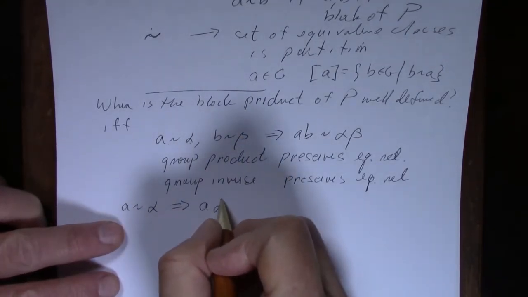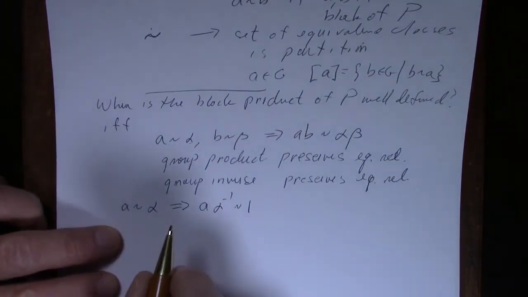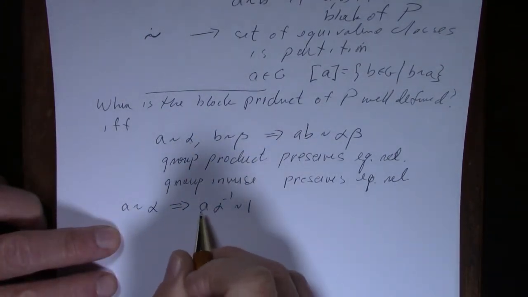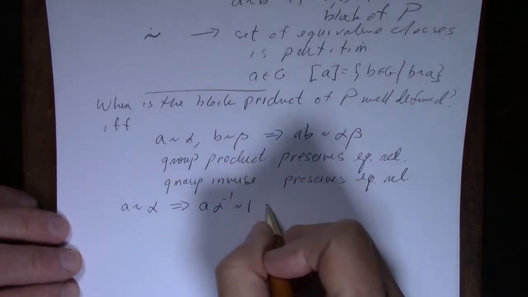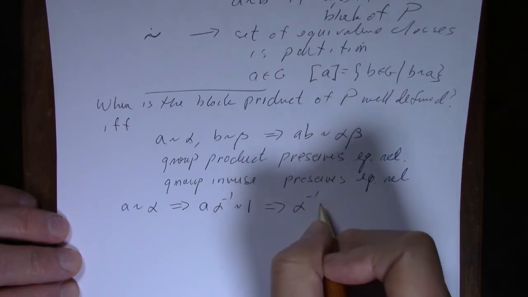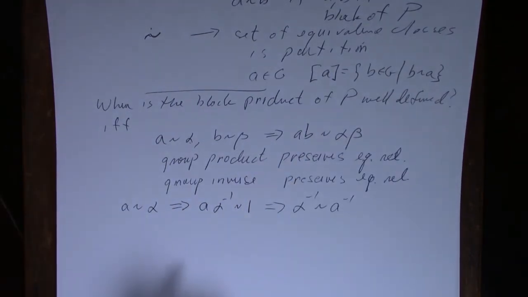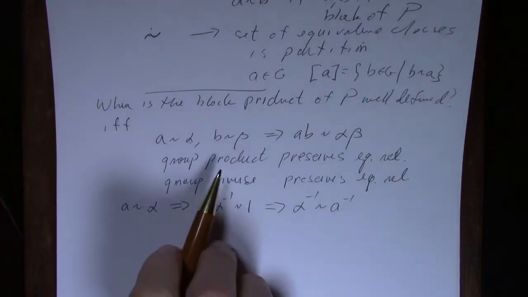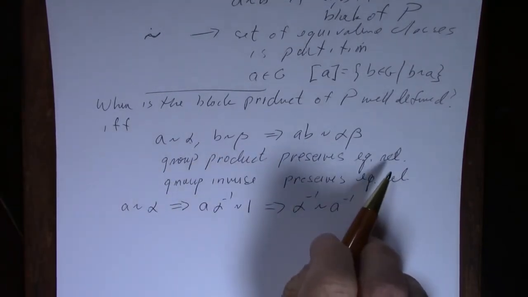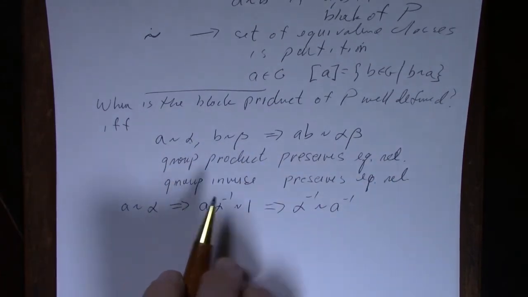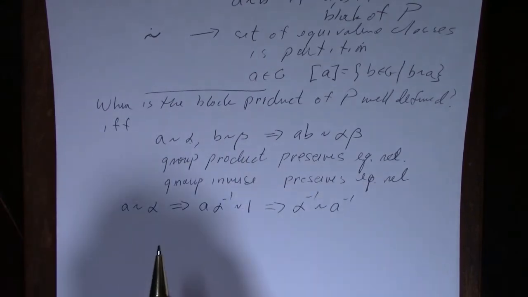So I get A alpha inverse is equivalent to 1, and then I pre-multiply again on both sides by A inverse, and I'll get alpha inverse related to A inverse. So that's straightforward. Group product preserving the same block equivalence relation implies the group inverse also preserves the same block equivalence relation.